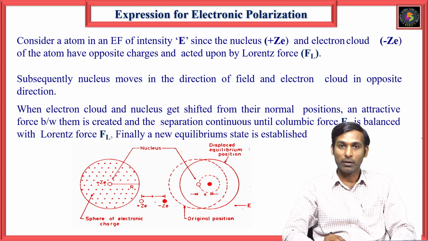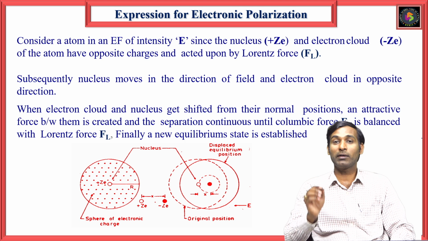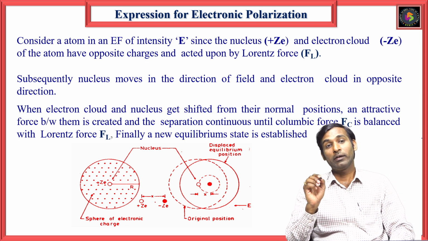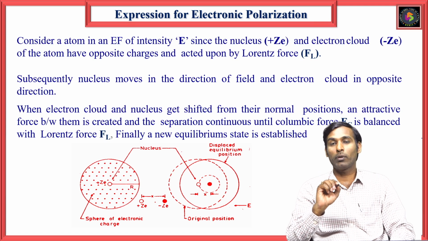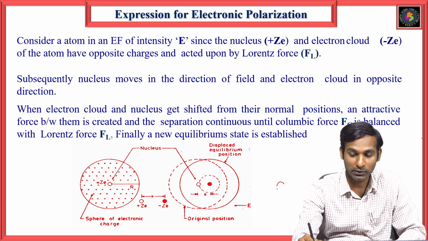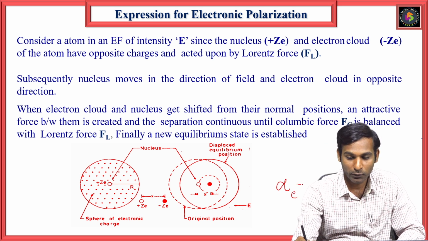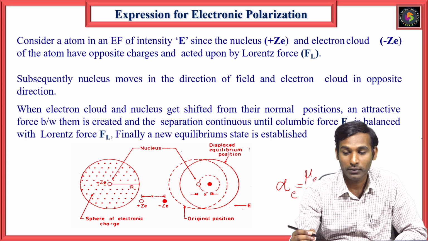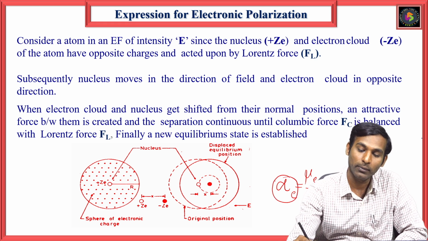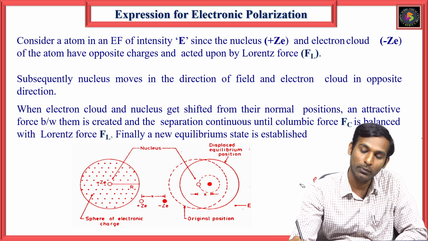In the derivation, our aim is to calculate the electronic polarizability and the induced electronic polarization. We have to find the polarizability alpha. In the mathematical expression, electronic polarizability is equal to mu_E divided by E. We have to find the electronic polarization of the atom or molecule.